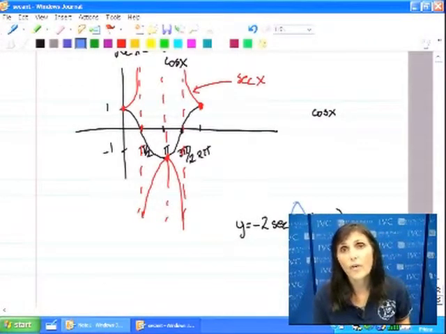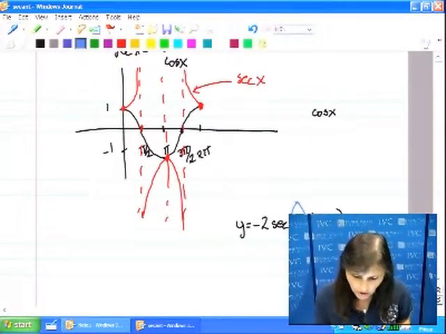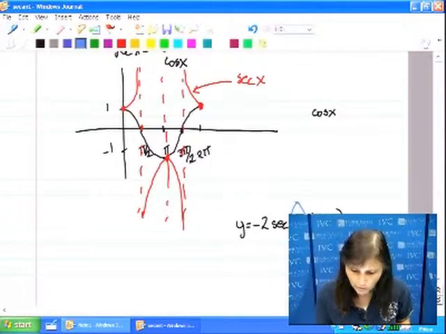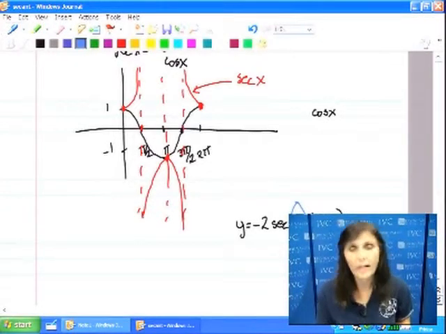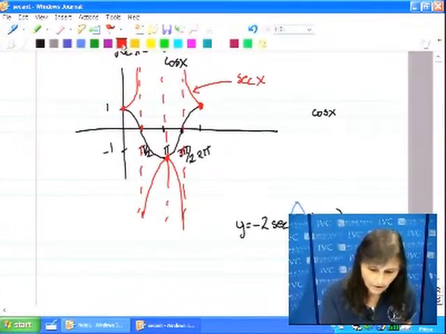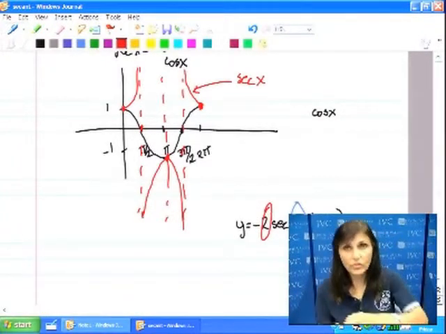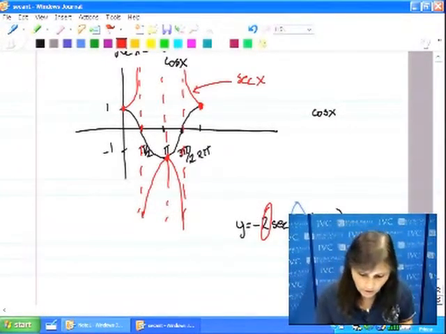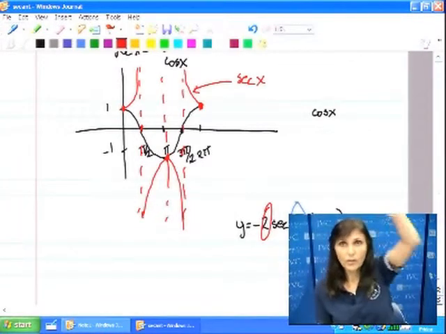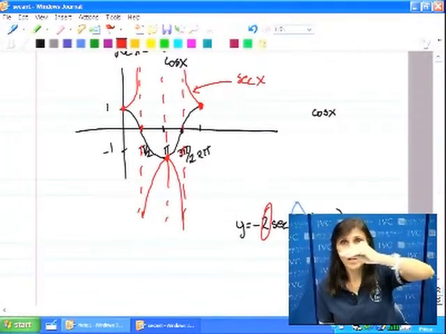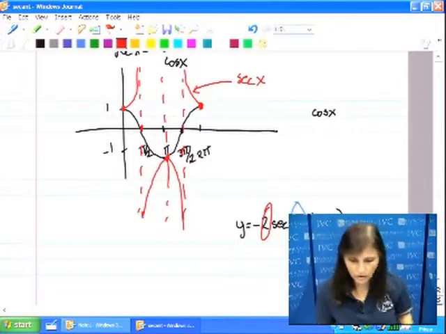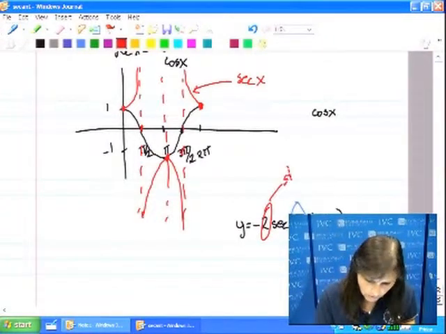This number in front of the parentheses is going to change that. You used to have 2 pi, now you're going to divide by that number, so you have a period of 4 pi. The number in front of secant is going to stretch it, so it's going to move everything up. At 1, it was 1, and it's going to go up to 2.